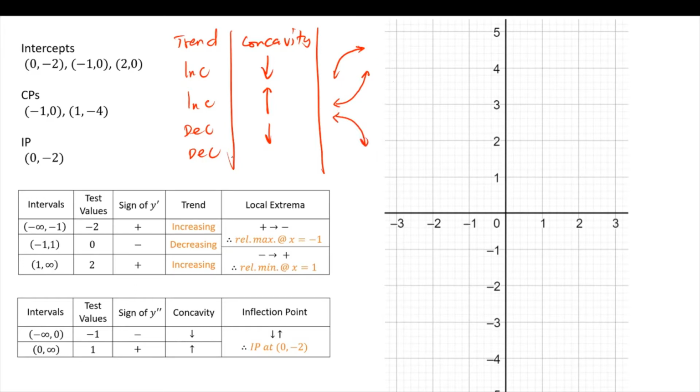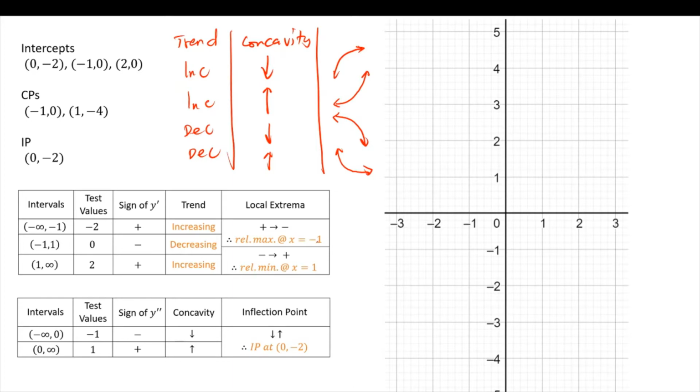And then again, if decreasing, however, if the concavity is upwards, then it looks something like this one. Okay, so let's apply these patterns in sketching the curve.